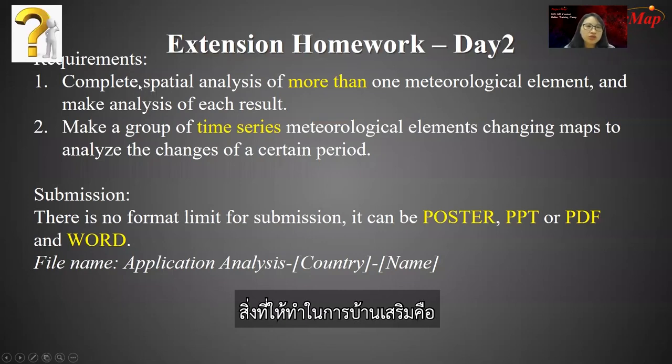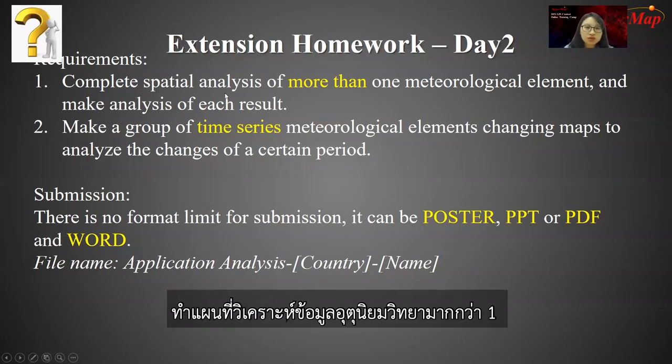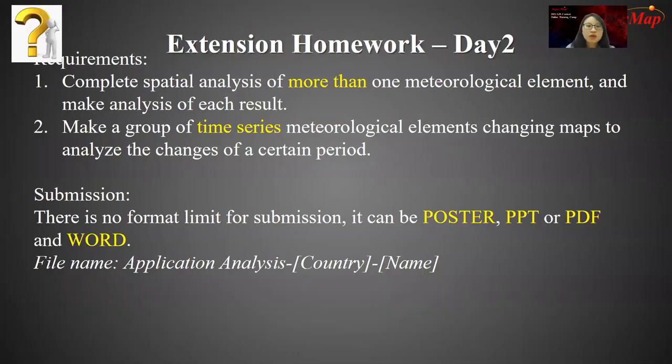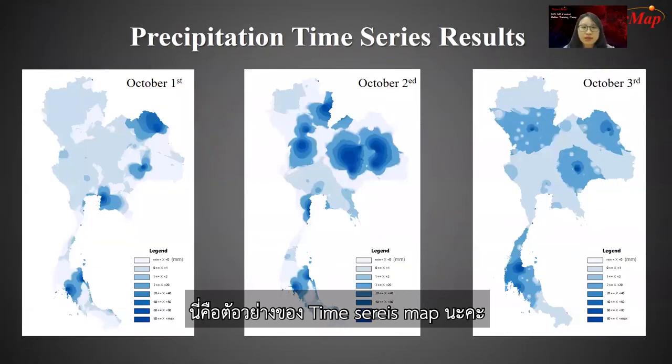The extension homework's requirements are to complete spatial analysis of more than one meteorological element and make analysis of each result. And the second requirement is to make a group of time series meteorological elements changing maps to analyze the changes of a certain period. Here I made an example.